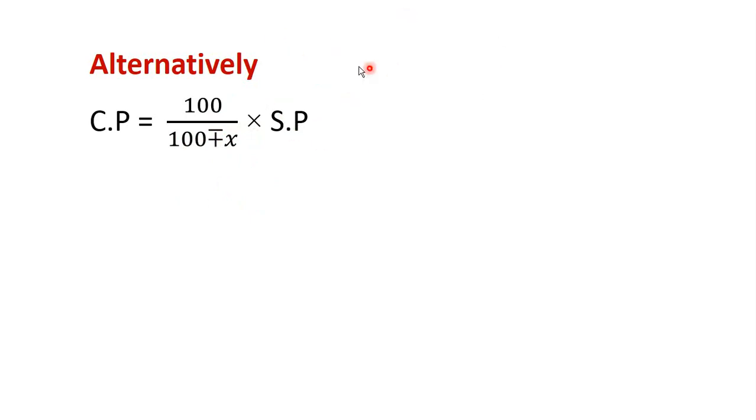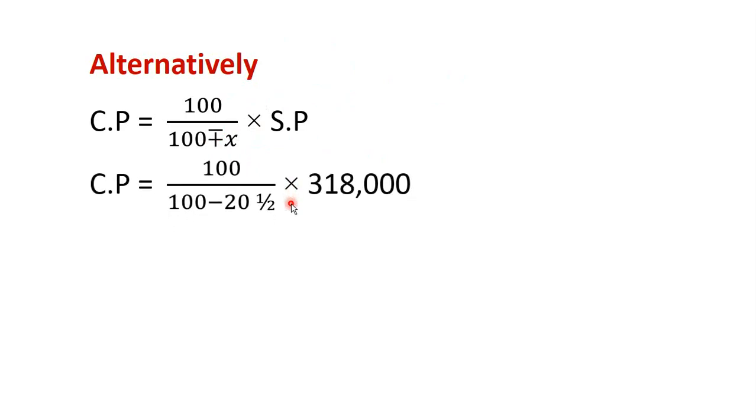The selling price is 318,000 shillings. When we substitute and simplify, and then multiply by 318,000 shillings, we shall have 400,000 shillings. So we get the same answer as the previous method.